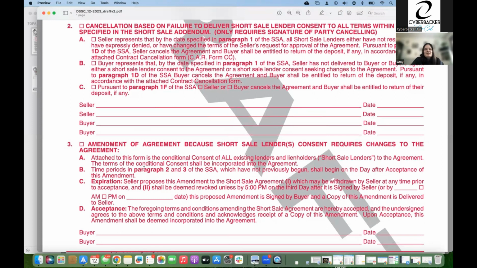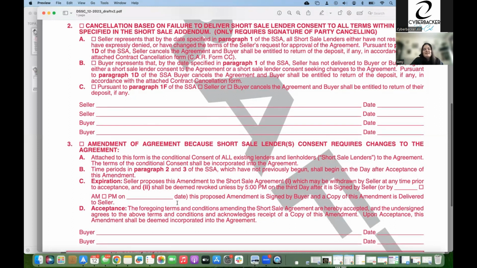The terms of the conditional consent shall be incorporated into the agreement. Time periods in paragraph 2 of the SSA, which have not previously begun, shall begin the day after acceptance of this amendment. Expiration: the seller proposes this amendment to the short sale agreement, which may be withdrawn by seller at any time prior to acceptance and shall be deemed revoked unless by 5 p.m. on the 3rd day after it is signed by seller, or by a blank date and time, this proposed amendment is signed by buyer and a copy of this amendment is delivered to seller.